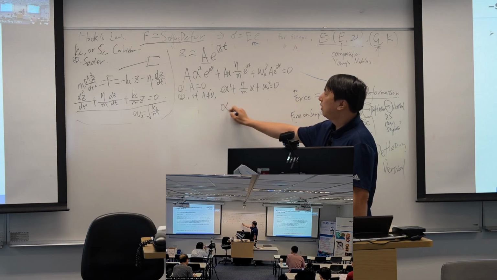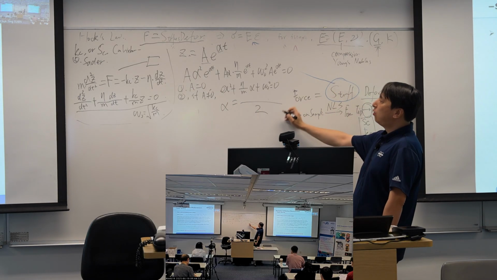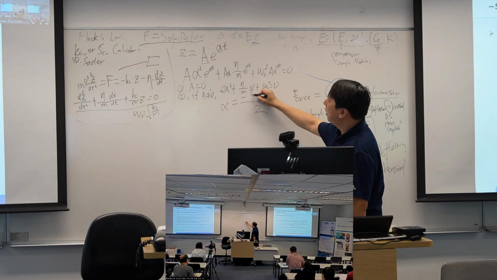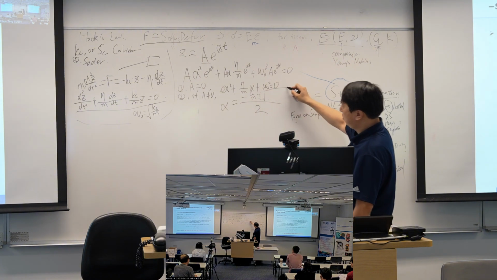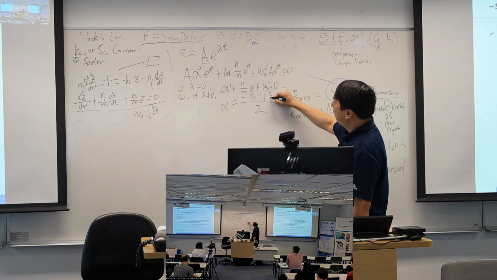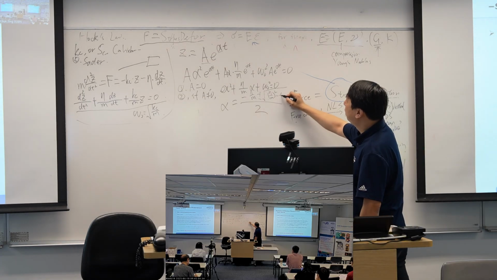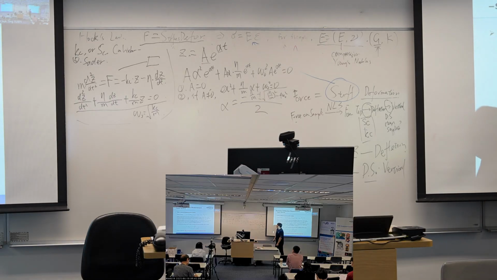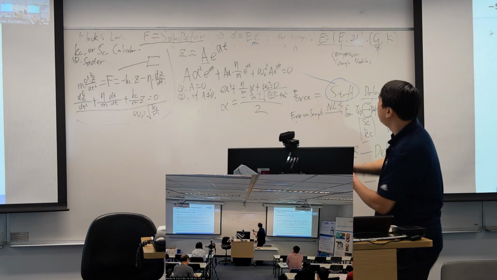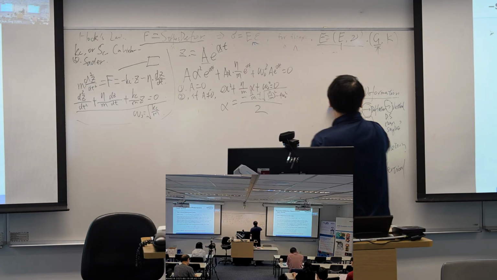Alpha equals negative eta over m, plus minus the square root of (eta over m) squared minus 4 omega 0 squared, all over 2, right? So we need to do some discussion.